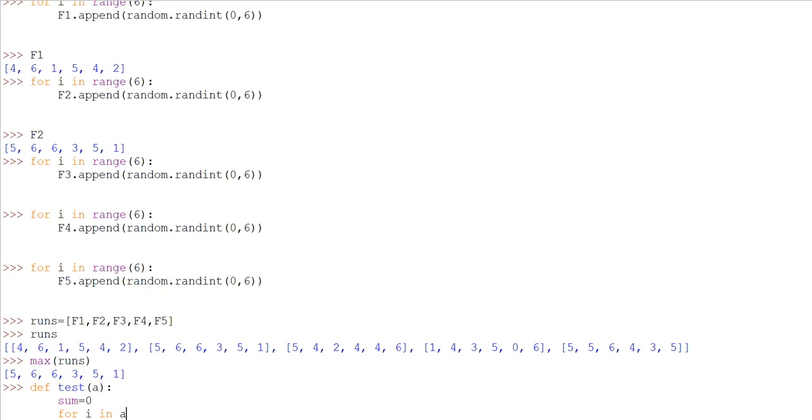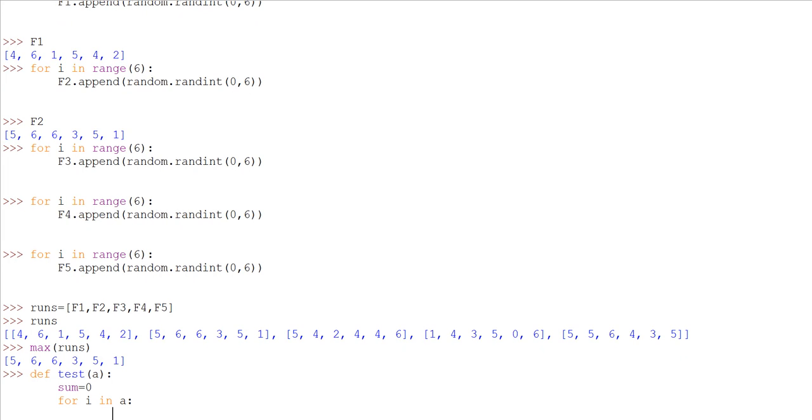So when I write for i in A, it goes through each and every list within the list runs. So I need to traverse those independent lists also, so we write for j in i.